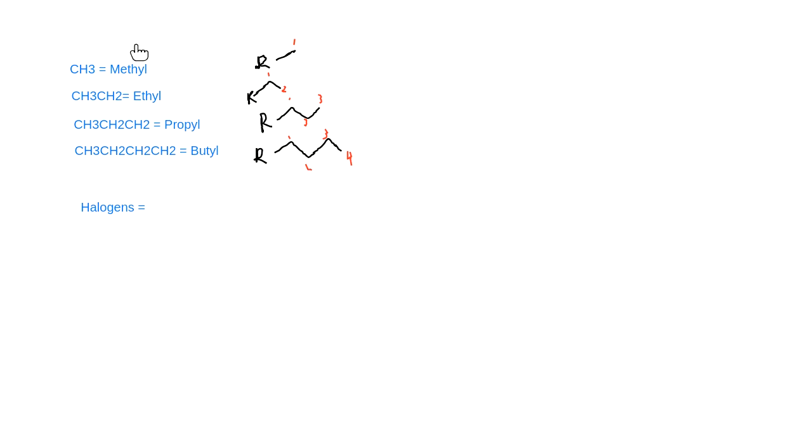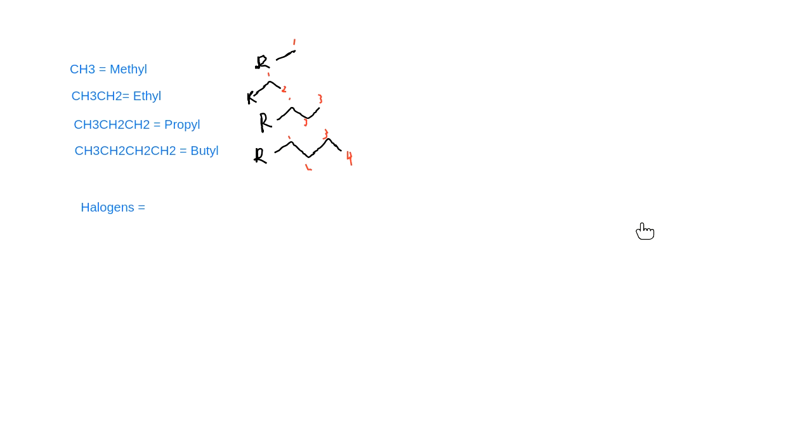Everything that I'm writing here, we're going over substituents. If anyone doesn't know what a substituent is, let me know. But just as a refresher, a substituent is any other atoms on our model that are not part of the parent chain.